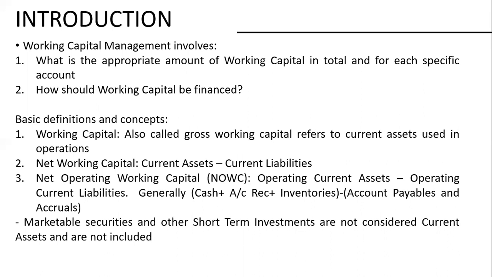Generally, cash, accounts receivable, and inventory are taken, and from that accounts payable and accruals are subtracted. Marketable securities and other short-term investments are not considered operating current assets, and therefore are not included when calculating net operating working capital.